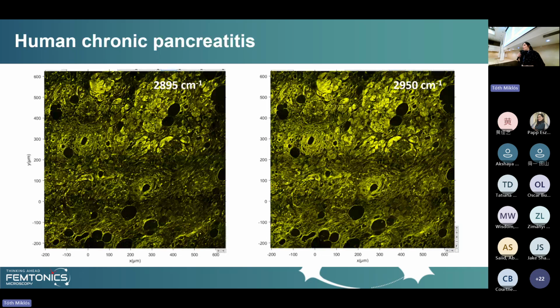Here, I would like to show you some examples of how our images look. This is a stitched version of this 4x4 tissue section. This is an example of human chronic pancreatitis, and I would like to point out that these are all label-free images.